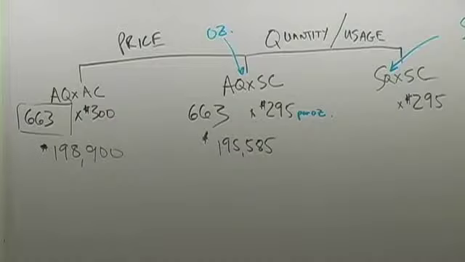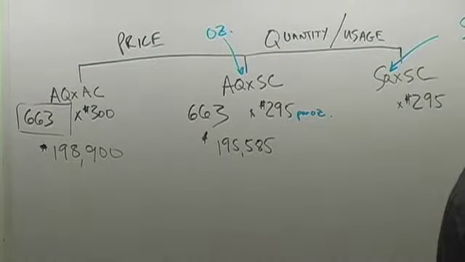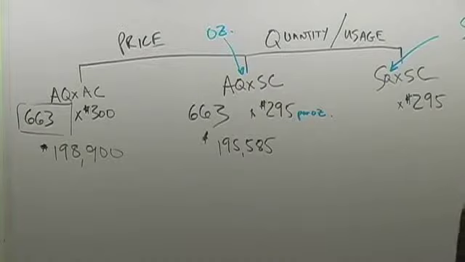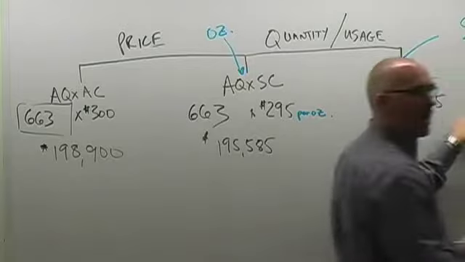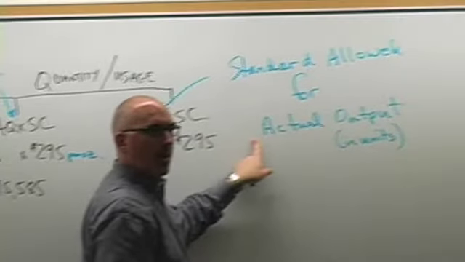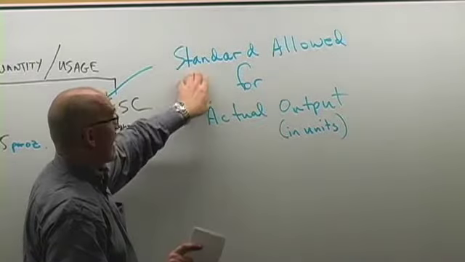Now, how do we go about calculating standard quantity, Armando? That'd be part of it. Is half an ounce the standard allowed or the actual output? Incorrect. It's the standard allowed.